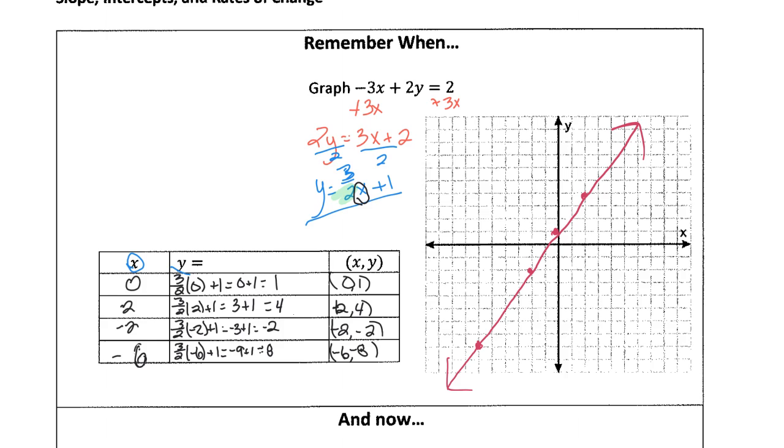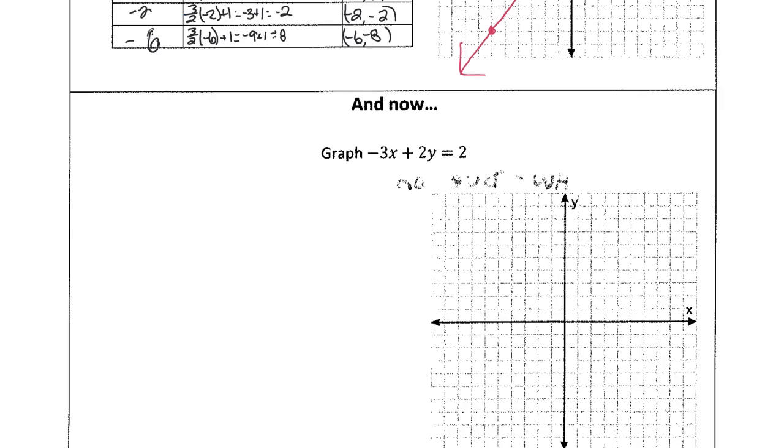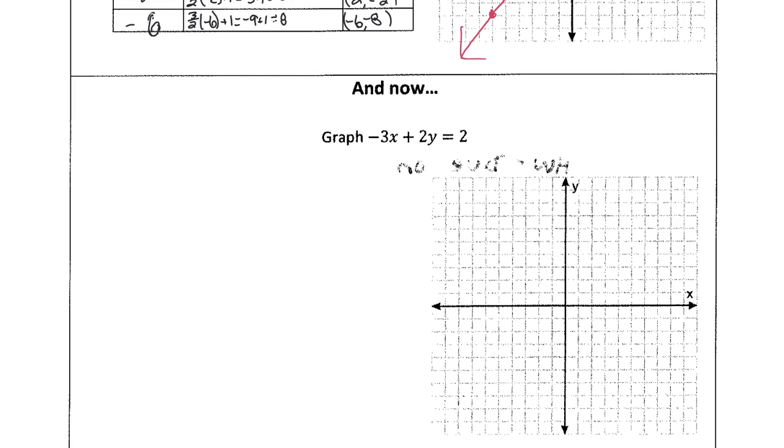So, looking at the same example, I'm going to tell you some steps first. The first steps for graphing linear equations, if you're not using a table, is to solve for y first. Always get it as y equals.